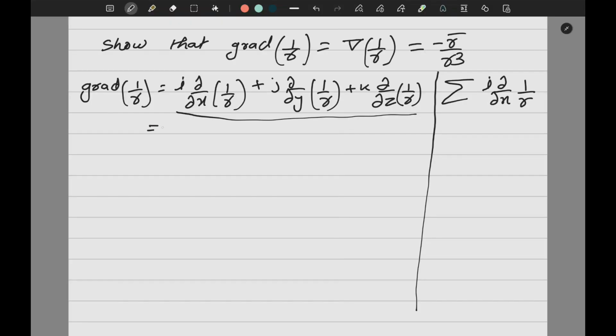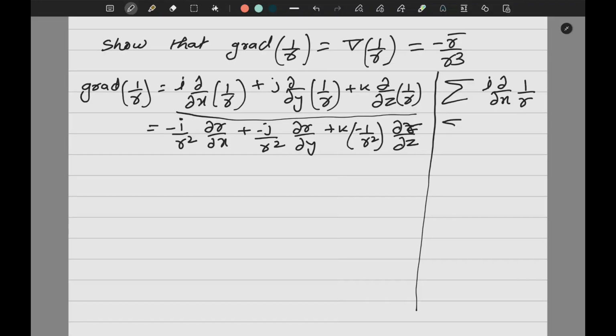Now, what is ∂/∂x of 1 by R? It is minus 1 by R square. i is already there, and ∂R/∂x, plus j times minus 1 by R square, ∂R/∂y, plus k times minus 1 by R square, ∂R/∂z.